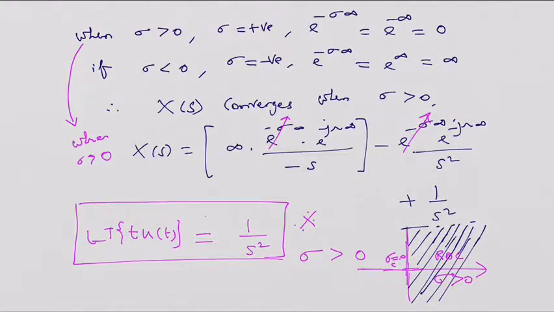Okay, right. Let me move on to the next problem. What is the Laplace transform of, say for example, e power minus some value? Laplace transform of x of t is to be determined in this problem, where x of t is equal to e power minus 6t into u of t.